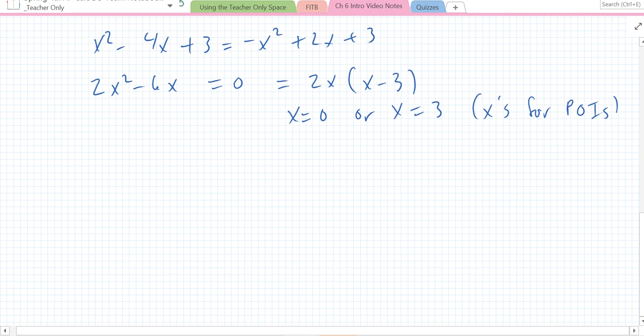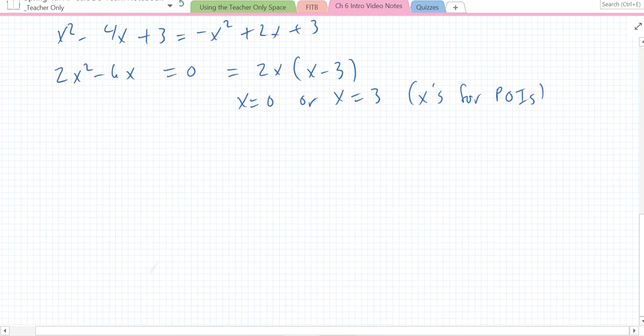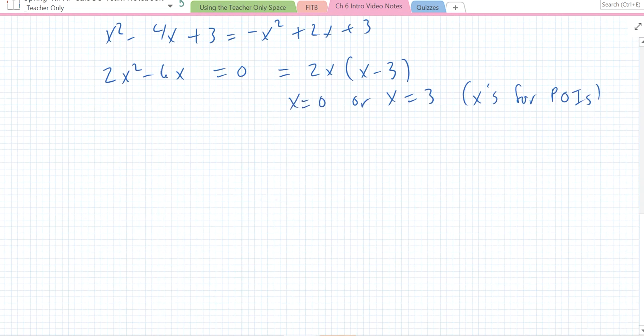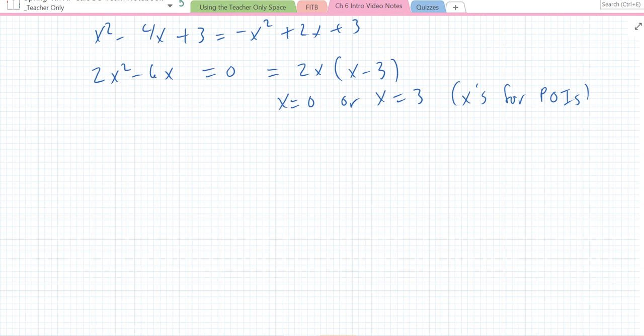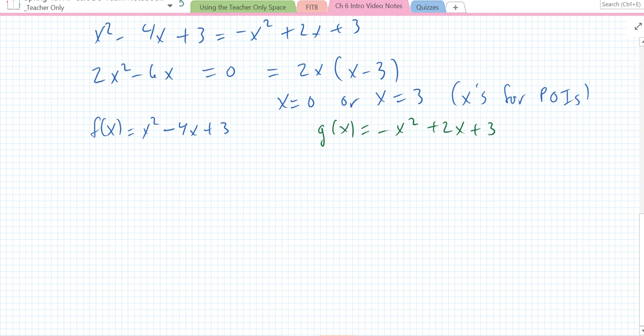And for graphing purposes, you just need whole numbers. You don't need anything weird. So just make two tables real quick. Make an f of x table. So this is going to be f of x, this is the x squared minus 4x plus 3. And then I'm going to have g of x. G of x is equal to negative x squared plus 2x plus 3.